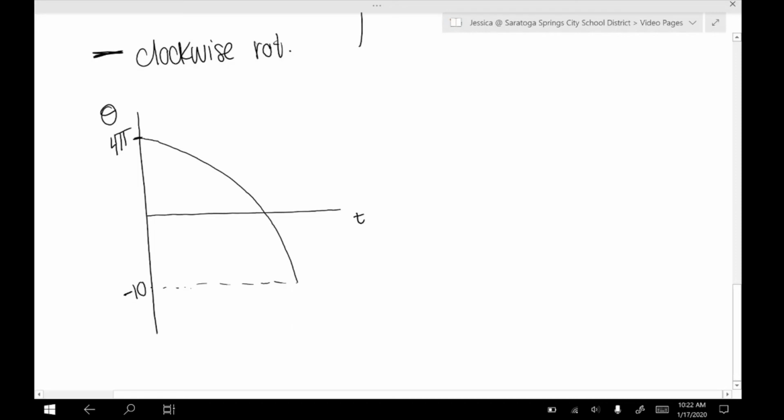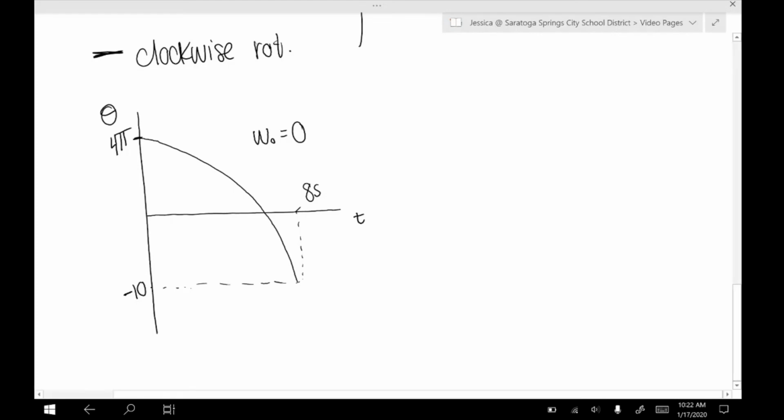Let's also say I'm told this object starts at rest, and this occurs at 8 seconds. Looking at the graph, it looks like this graph is going to speed up as time goes on. So this object has an acceleration in the same direction as its velocity.